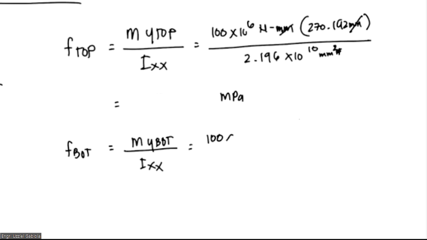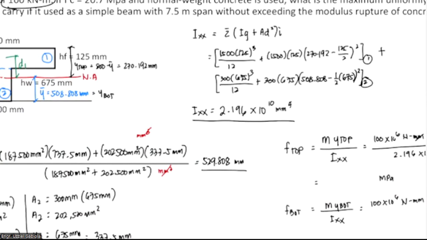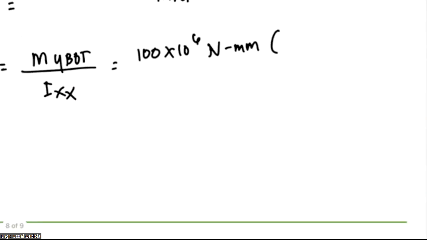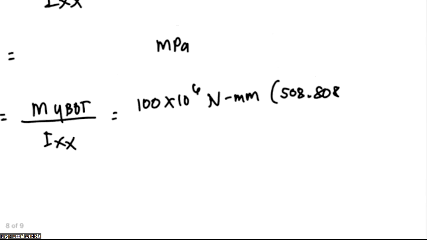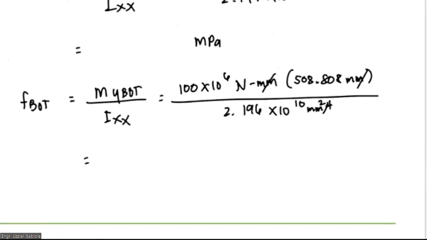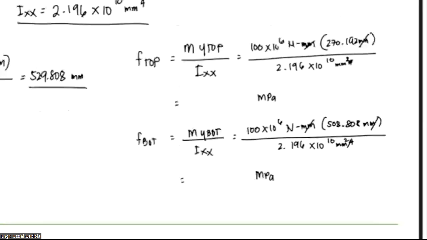We have 100 times 10 to the 6 Newton mm multiplied by our value of y bottom, which is the centroid, 508.808 mm over 2.196 times 10 to the 10 mm to the 4th. Okay, cancelled out. 2 remains, so we also have megapascal. Okay, let us calculate this one.